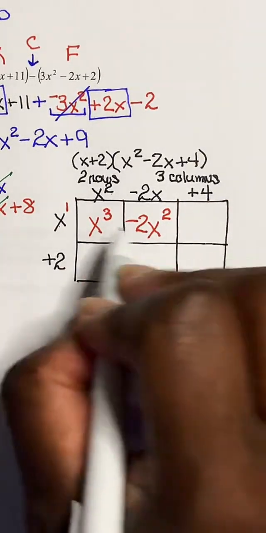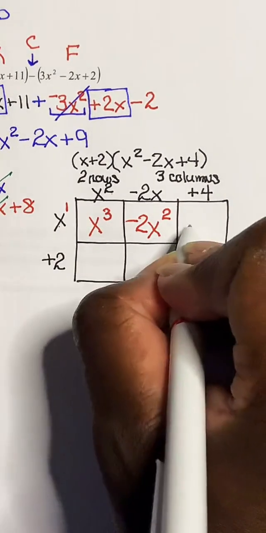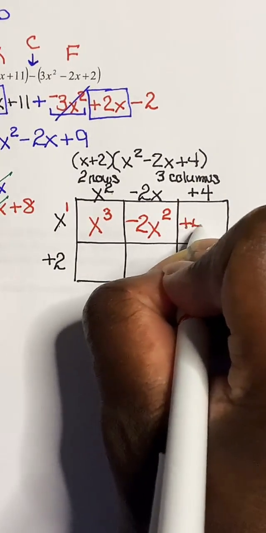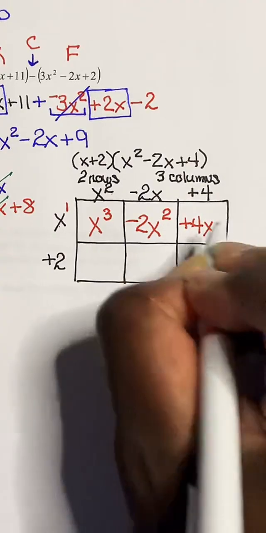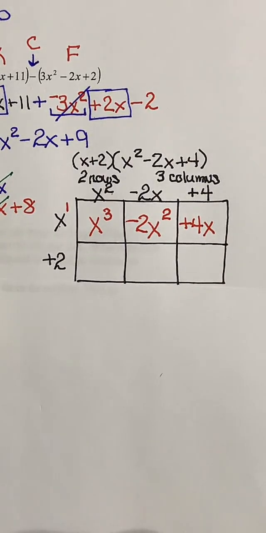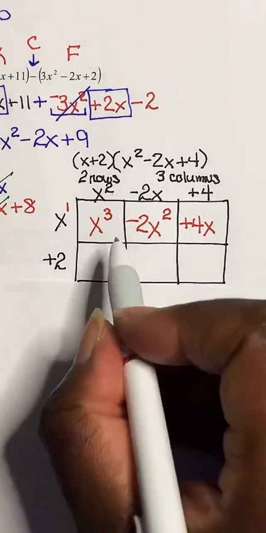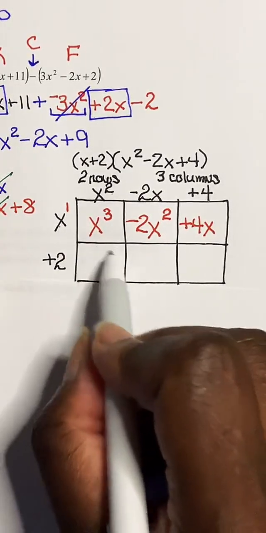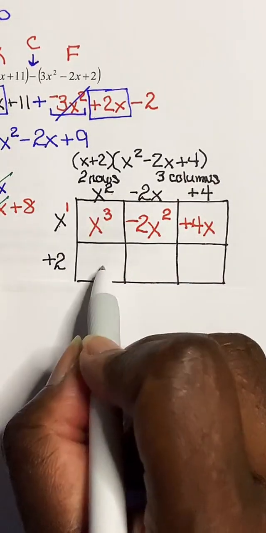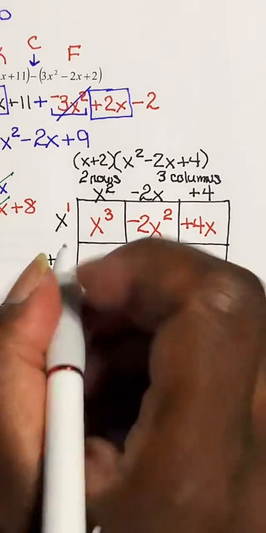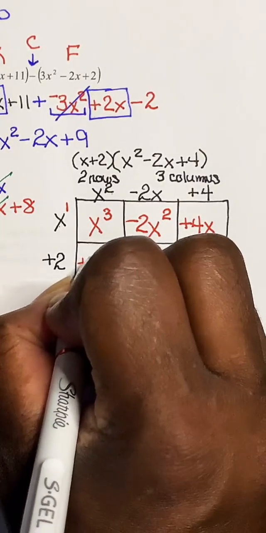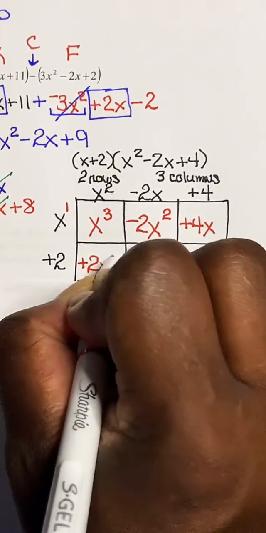So I bring down the negative 2, and this will be x squared, because x times x gives me x squared. To fill this box, we multiply the 4 and the x. So that gives me a positive 4x.